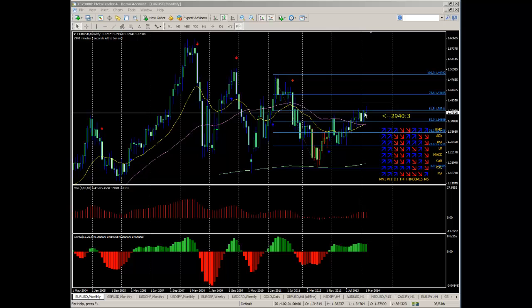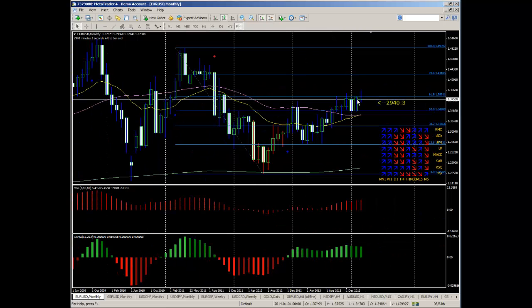So what have we had? If you're looking at it right now, we've got a couple of days left before the end of the month, and as it stands at the moment we are looking at an indecision candle, with a lot more emphasis on the lower end of the candle.